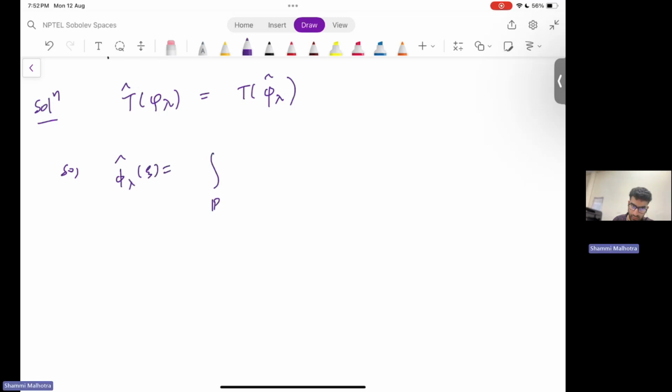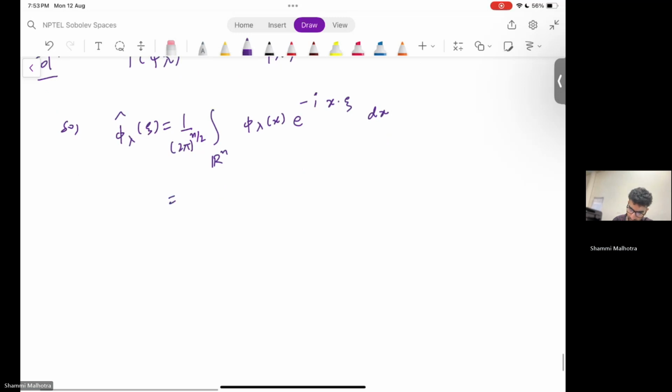This is the integral over Rn of 1 upon (2 pi) raised to the power n by 2, phi lambda x e to the minus iota x dot xi dx. This is the dot product we have here.